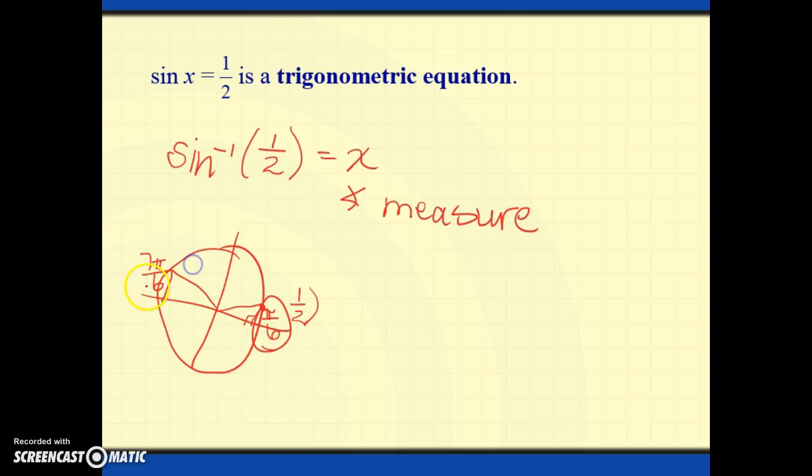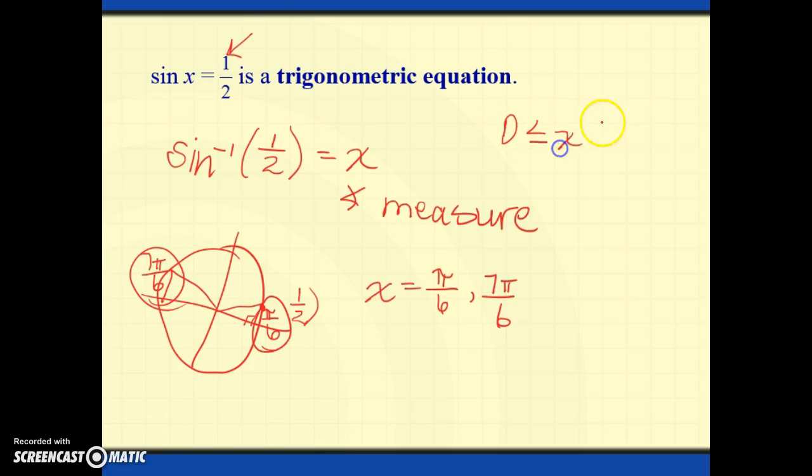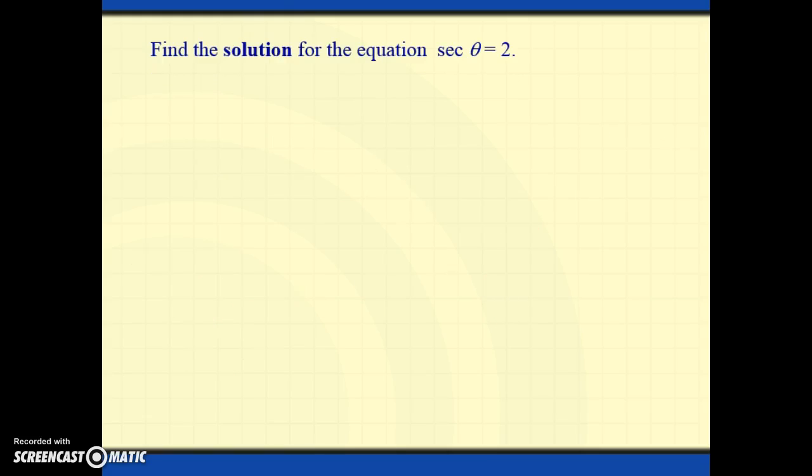Usually we're going to find two angle measures that make this a true statement, so here x would be pi over 6 and 7 pi over 6. That's just if we are looking at angle measures only within one rotation. That's not difficult. We know how to solve equations like that.